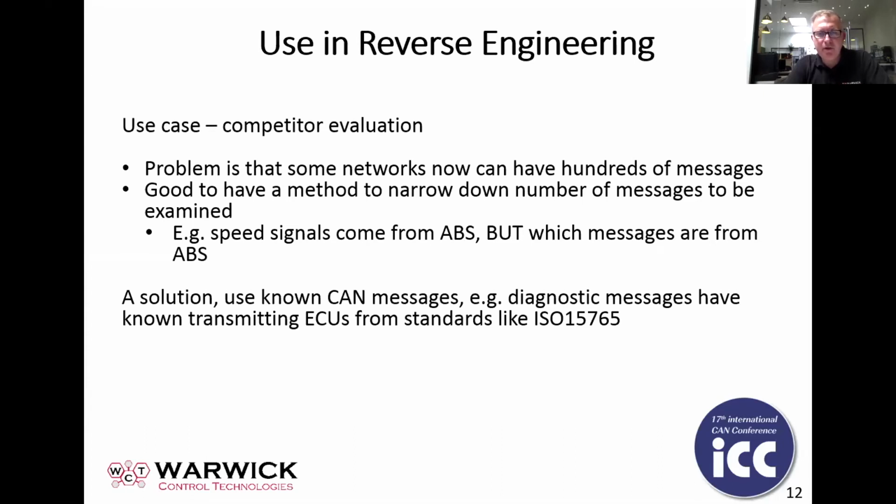if you're trying to identify which messages are sent by which particular control units, it's good to use known information. And with a passenger car application, the known information is actually the diagnostic messages, because they are specified within various protocols such as ISO 15765.